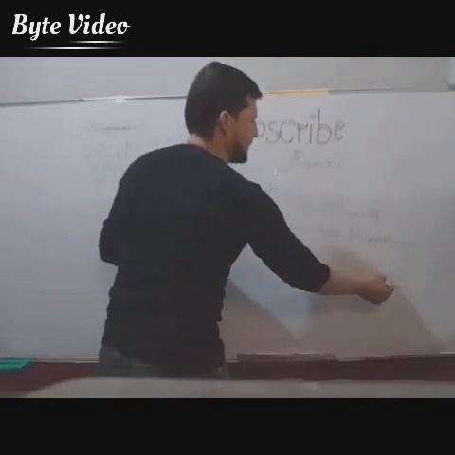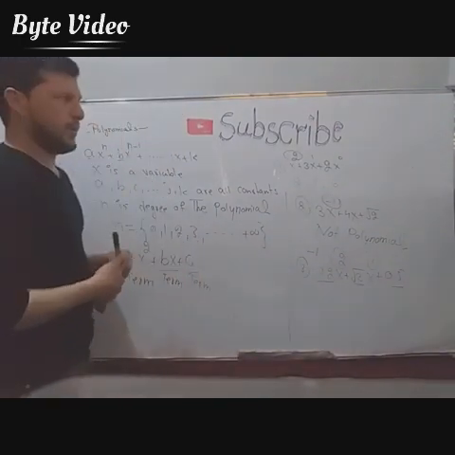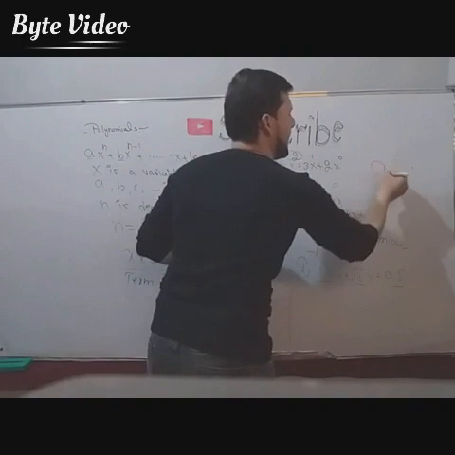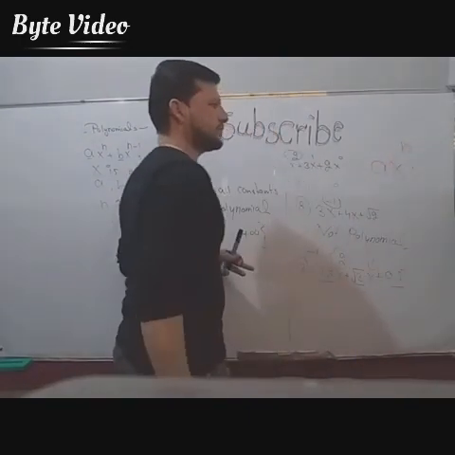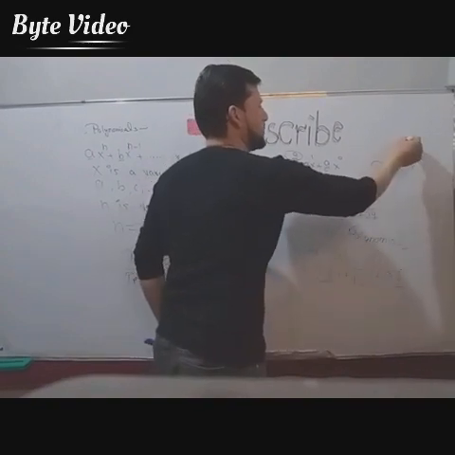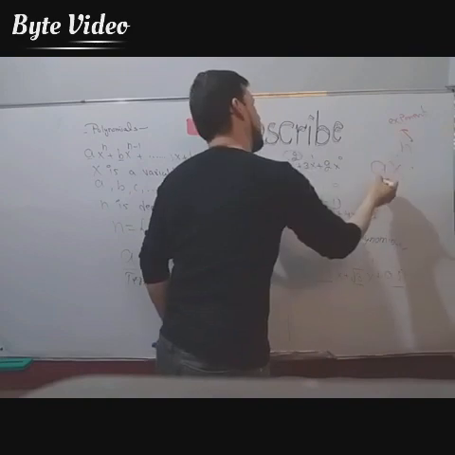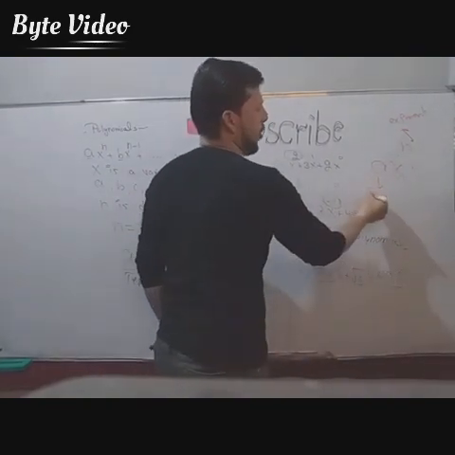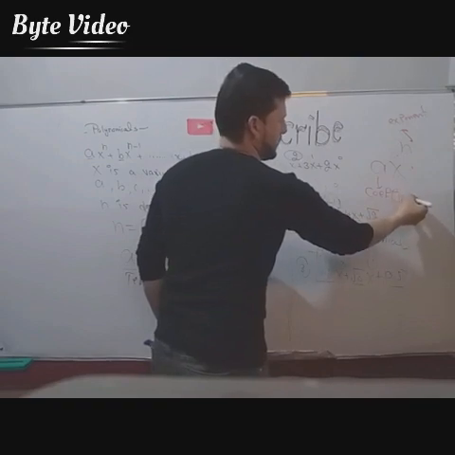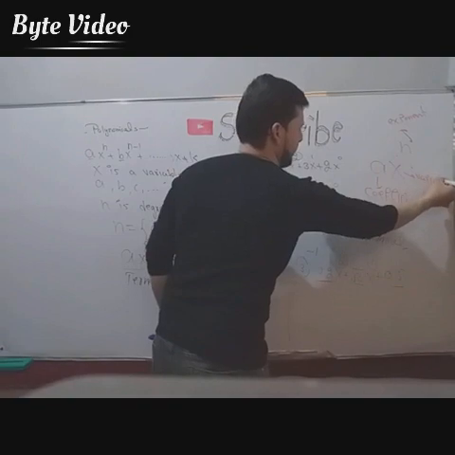But see, the exponents, the powers, are all whole numbers. So in x to the power of n generally, you have to remember that this is called the exponent, this is called the coefficient, and this is called the variable.